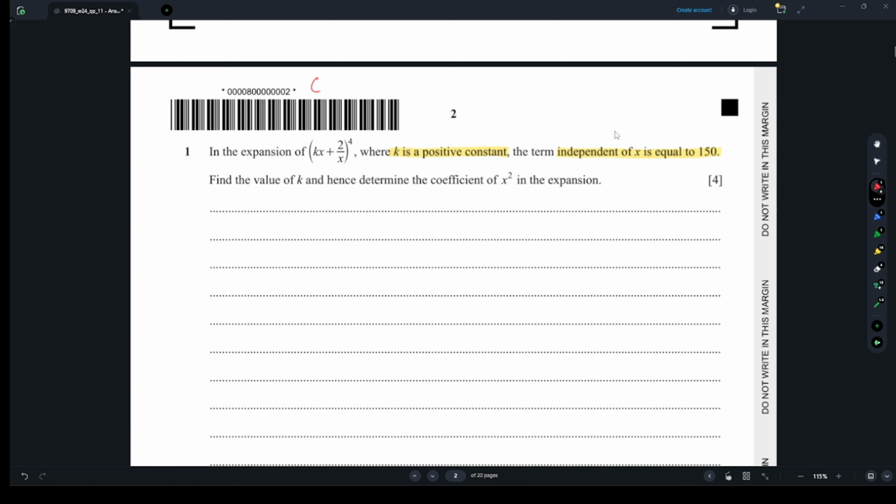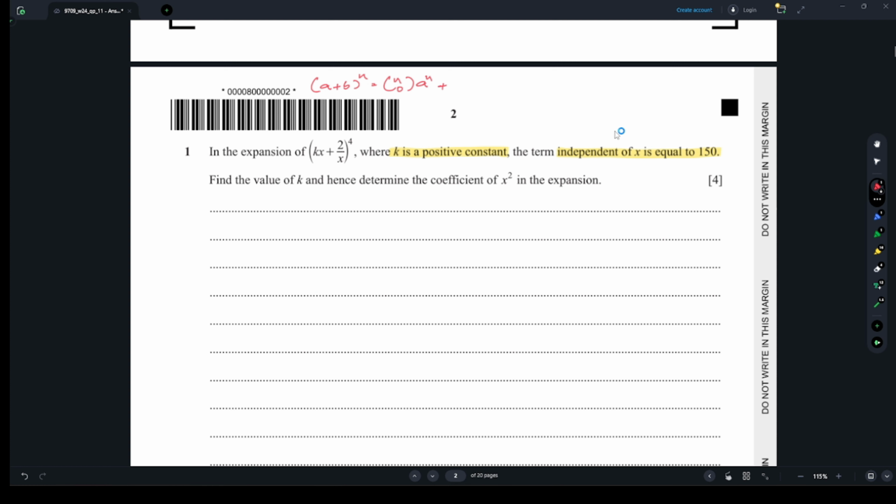Let's say we have (a + b)^n. Then we start with nC0, a to the power n, and b to the power 0. Afterwards, we reduce the power of the first term, a, by 1, and increase the power of the second term by 1.